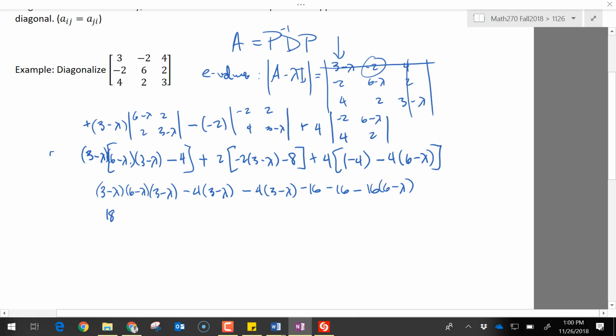We get 18 minus 9 lambda plus lambda squared, minus 12 plus 4 lambda, minus 12 plus 4 lambda again. Negative 16, negative 16, that's 32. Then minus 96 plus 16 lambda.